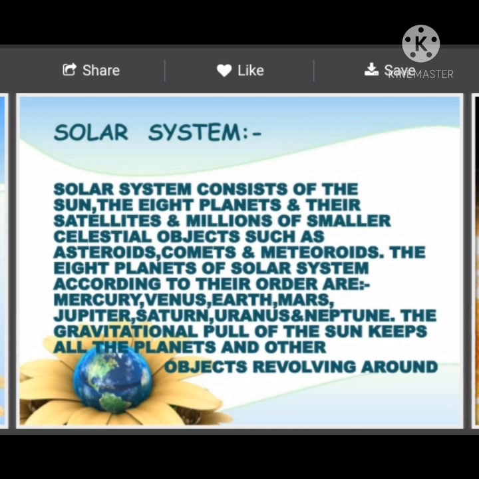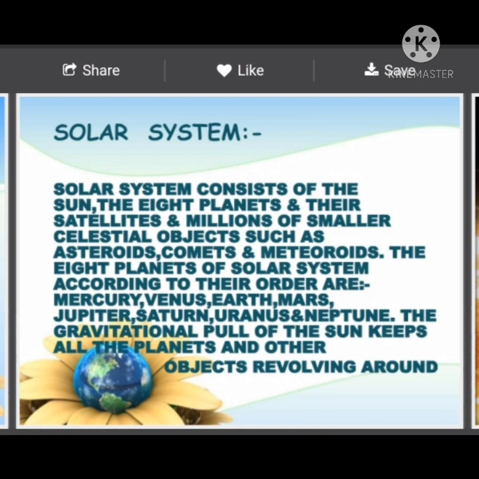So what is meant by solar system? It consists of the sun, 8 planets and their satellites, and millions of smaller celestial objects such as asteroids, comets, and meteoroids. The 8 planets of the solar system, according to their order, are Mercury, Venus, Earth, Mars, Jupiter, Saturn, Uranus, and Neptune.